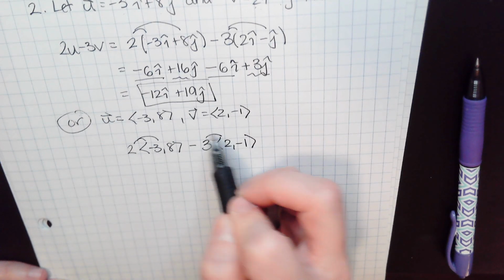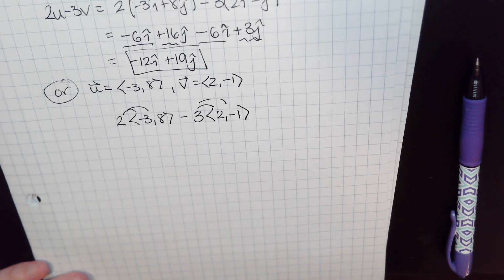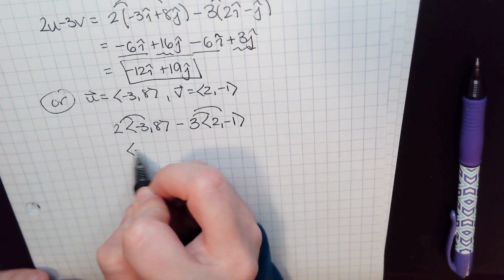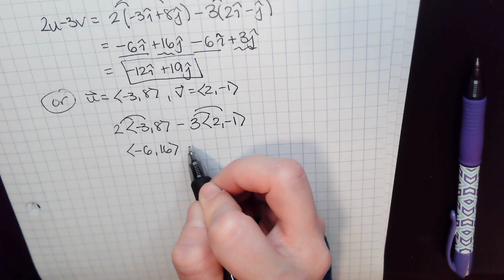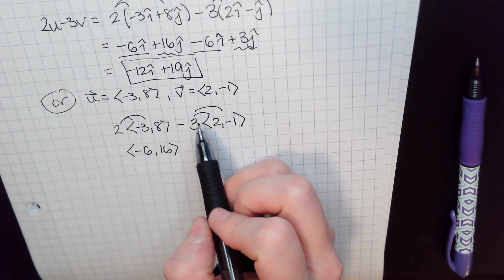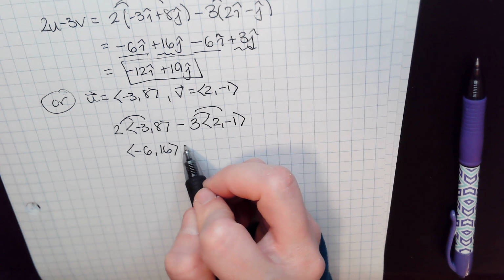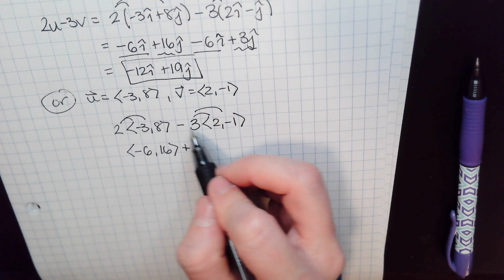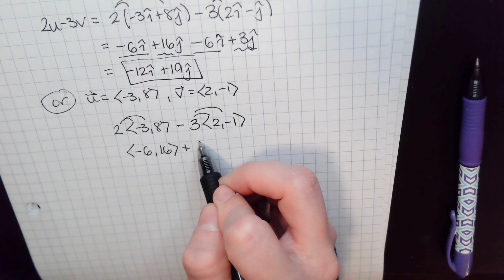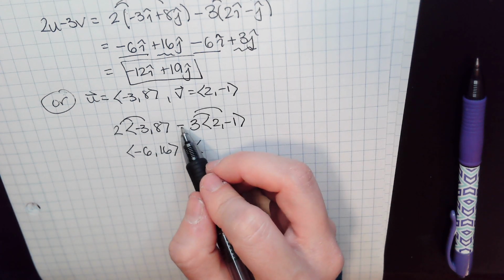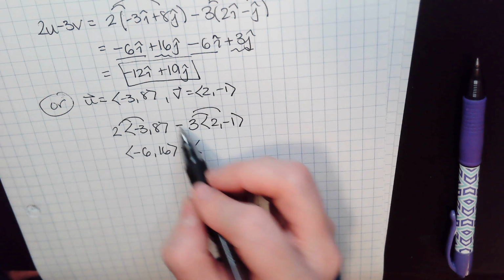Again, just distributing, and you'd get that same answer. I can show you here just in case you're unsure. So I get that vector. Now here, be really careful, because if you're distributing the negative 3, then it's going to change to addition right here. If you keep it subtraction, then you would have 6 and negative 3 in there. So be aware of whether or not you're distributing that negative or keeping it.